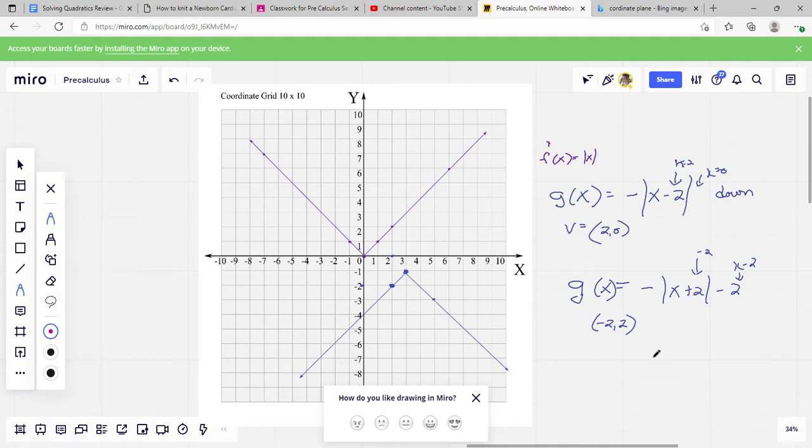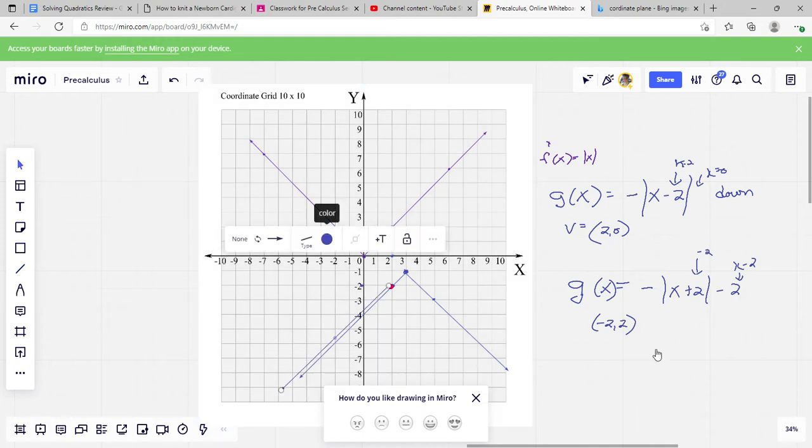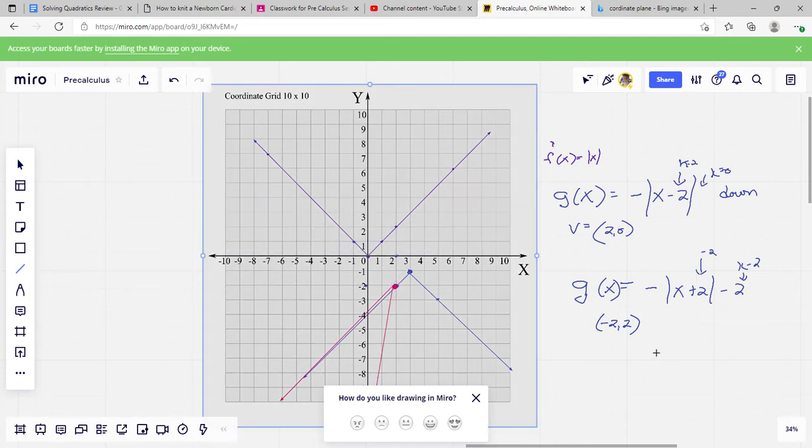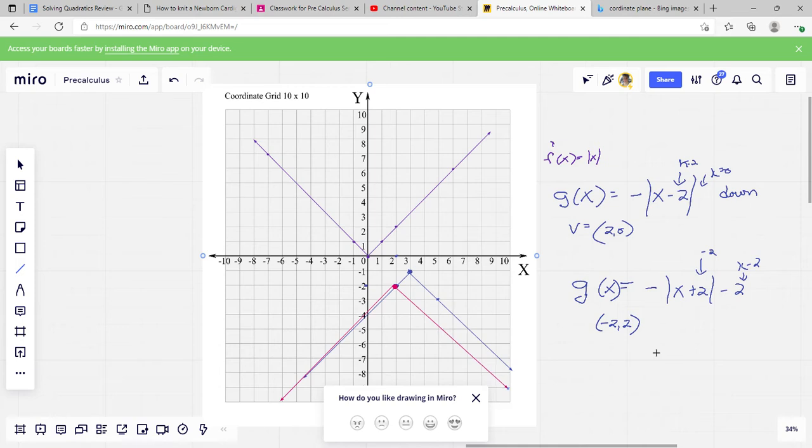Make it pink. And that'll face down. So it's going to follow that one pretty much. Something like that. Alright, that'd be this one.